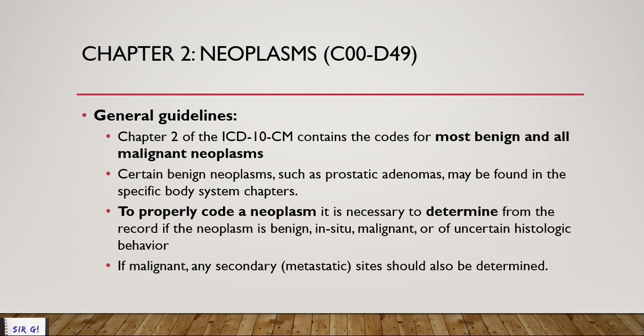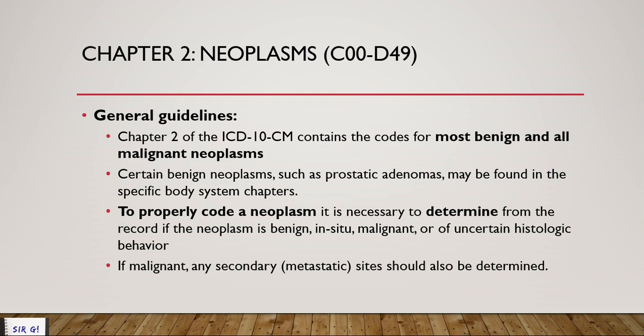Certain benign neoplasms such as prostatic adenomas may be found in the specific body system chapters. That's why it tells you most benign, because other benign neoplasms can be found in other body system chapters. Remember, our ICD-10-CM chapter specific guidelines go up to chapter 21.